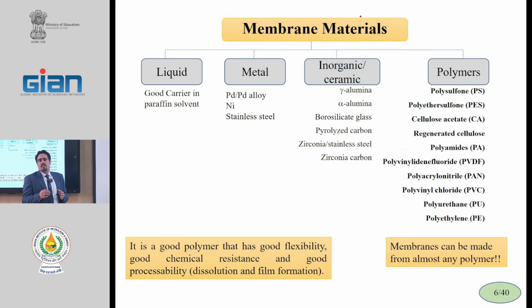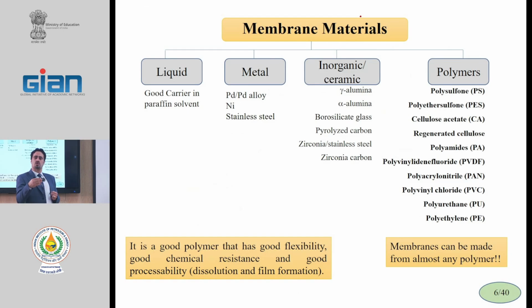We can increase the stability of polymeric membranes with cross-linking. When we have a polymer that is not suitable for membrane fabrication, we can change the properties of polymers.